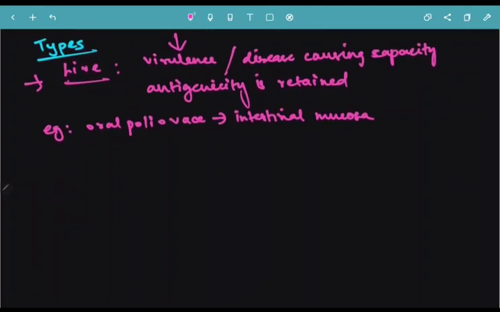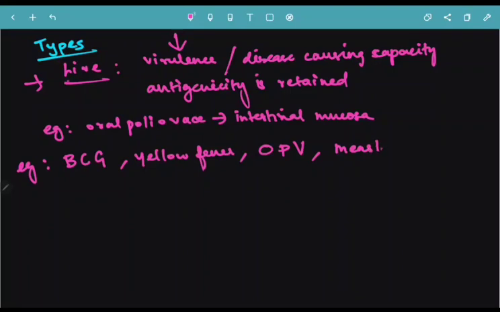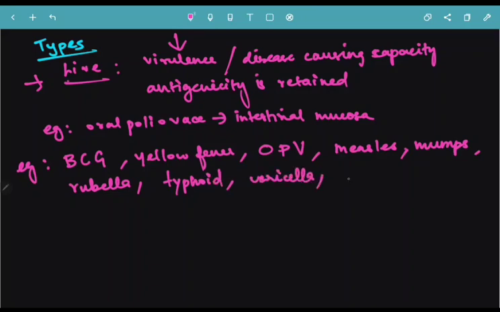So I will give you some examples of live attenuated vaccines. Examples are BCG vaccine for tuberculosis, yellow fever vaccine, oral polio vaccine, measles, mumps, rubella, typhoid, varicella, rotavirus, and cholera. Varicella, chickenpox, again a live attenuated vaccine.